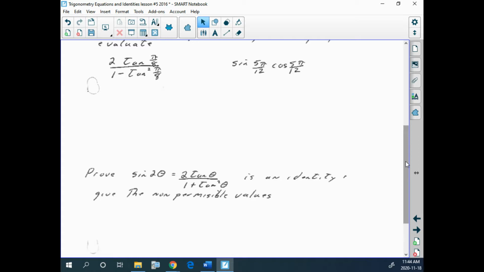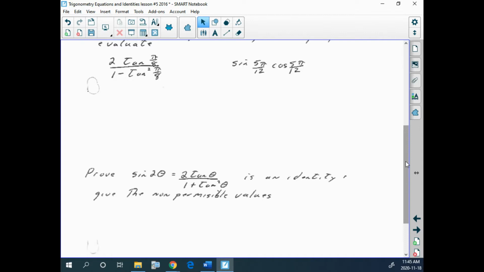And you get this one, and this where theta can never equal 0. So we take the square root of this side, and we take the square root of this side. What happened here? And there you go.